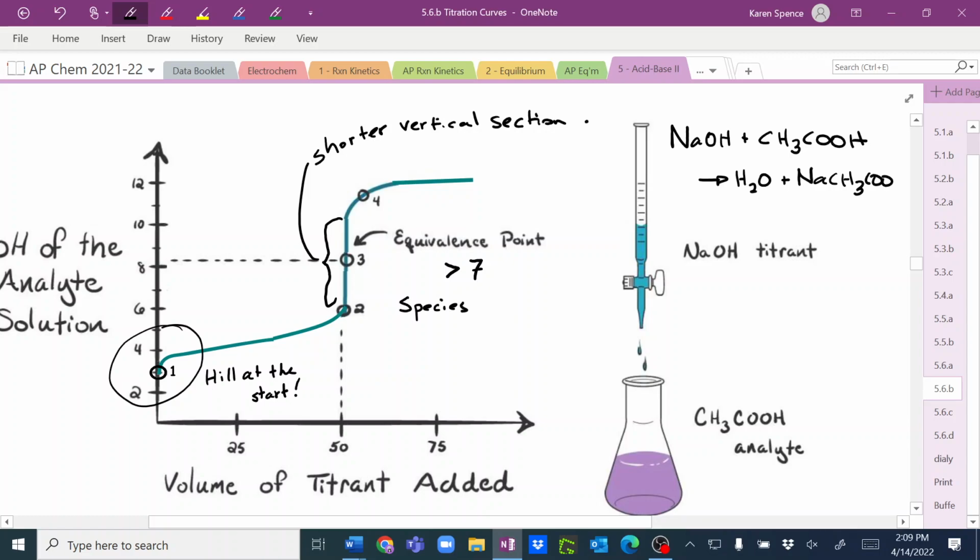So at the equivalence point, the species we have are water. Do I even need to write water? No. Right when it's been perfectly neutralized, I have a salt, which is Na plus, and I also have CH3COO minus.